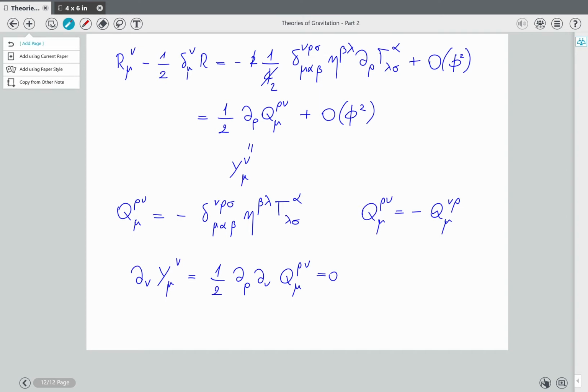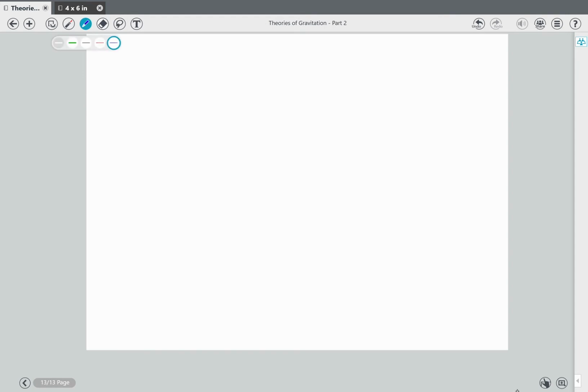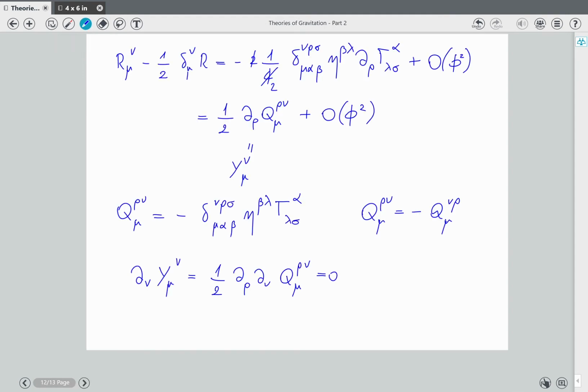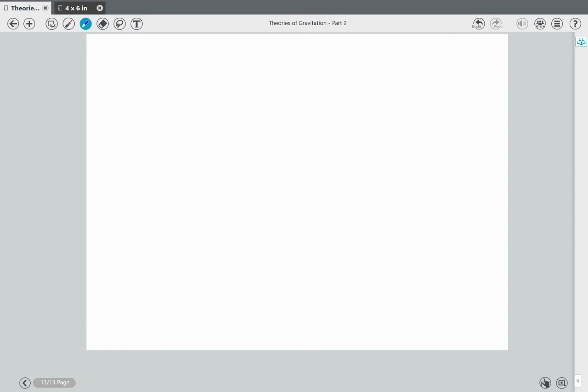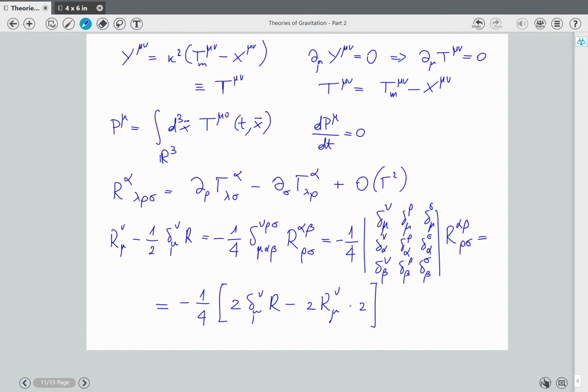So what can we do now? We can write the four-momentum, p mu, in a convenient way. So p mu is equal to the integral on space of what? Our t mu 0. I recall that we have defined t this way.